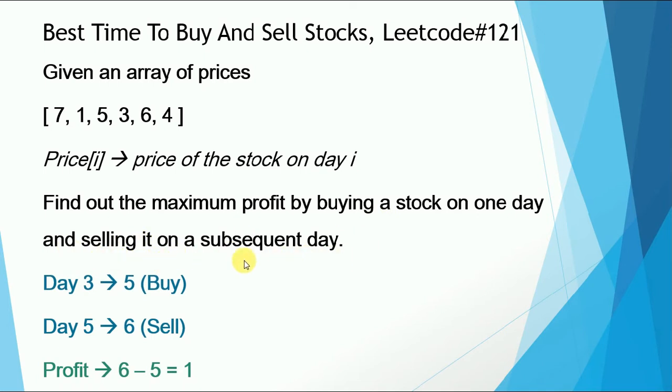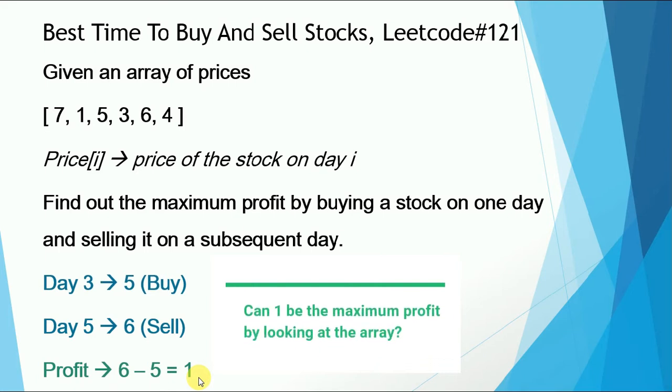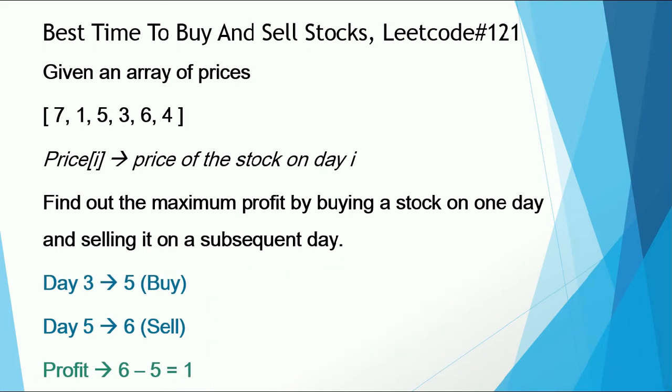So for example, if you choose to buy the stock on day 3 at 5 and sell it on day 5 at 6, then you obtain 1 as the profit. But is this profit maximum? I certainly hope not by glancing at the array. So let's find it out by solving it using dynamic programming.